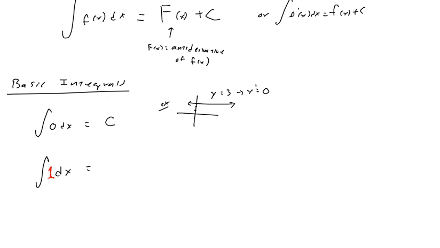What equation gives us the derivative of 1? It's just x. But we have to say there could have been a number. It could be x plus 2, it could be x minus 10. We don't know. When you do an integral of dx, you bring the x back into the equation.